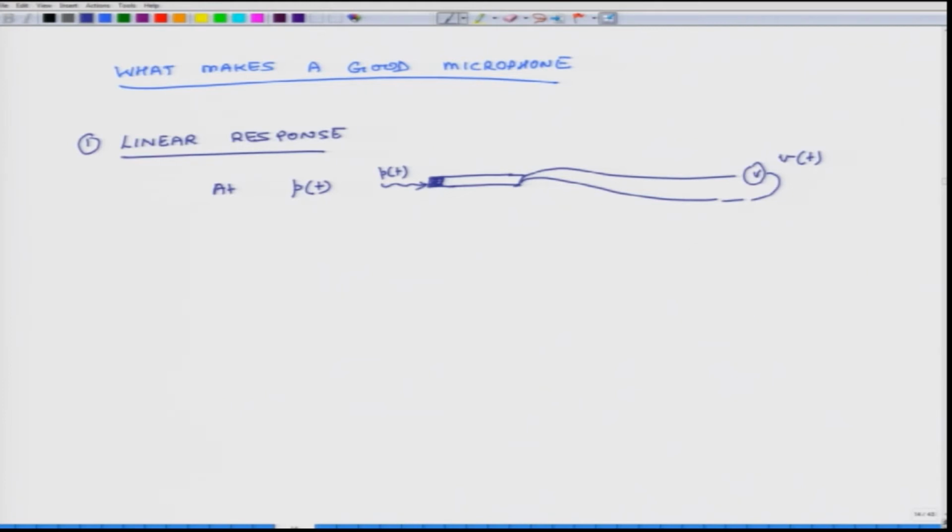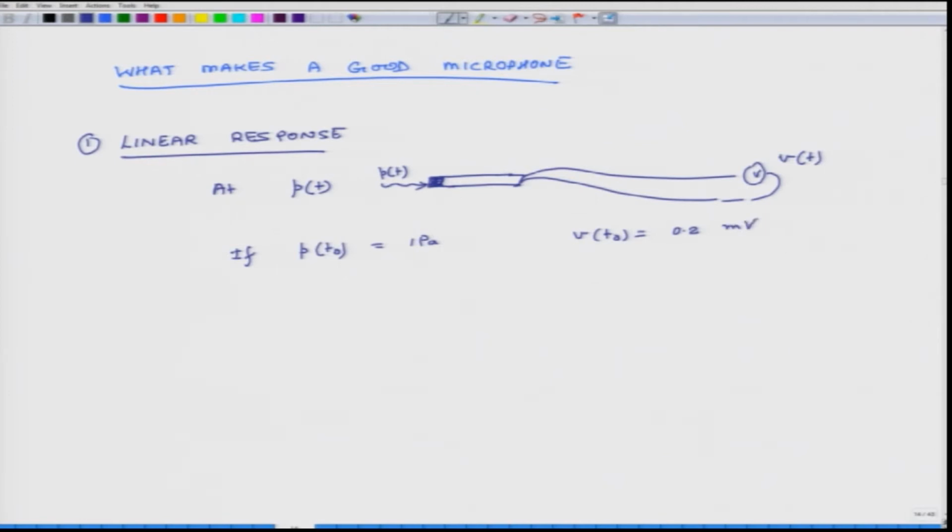So what is a linear system? I am giving you an example: if P at T equal to T naught is equal to 1 Pascal, let us say V at T naught is 0.2 volts, or this is unrealistic, let us say it is millivolts.